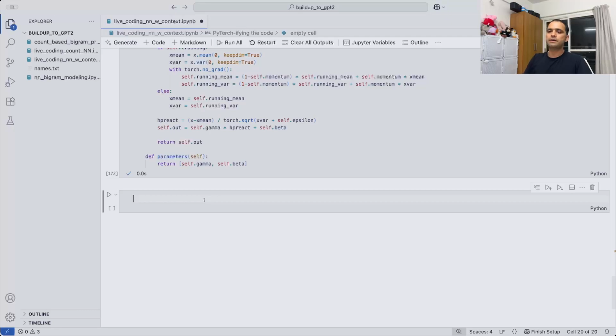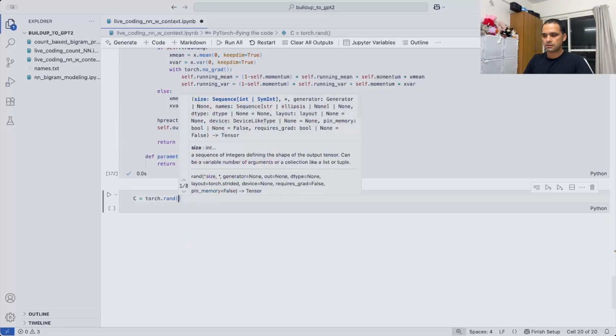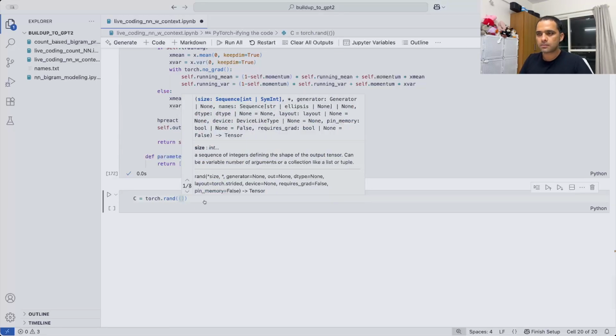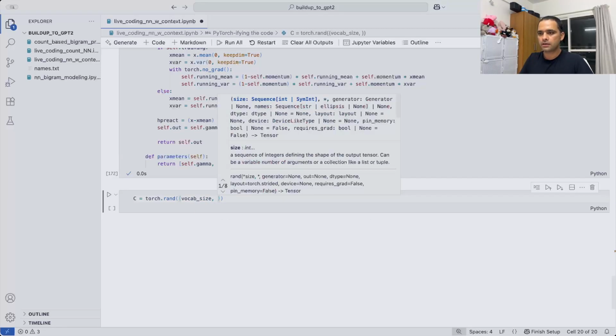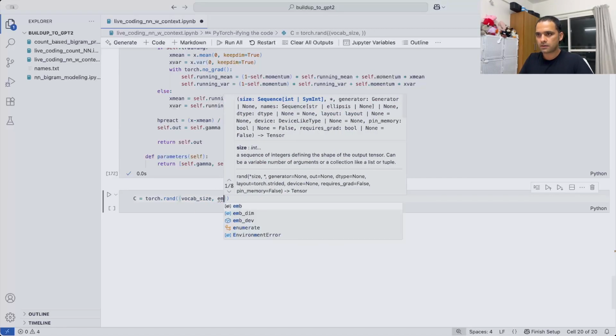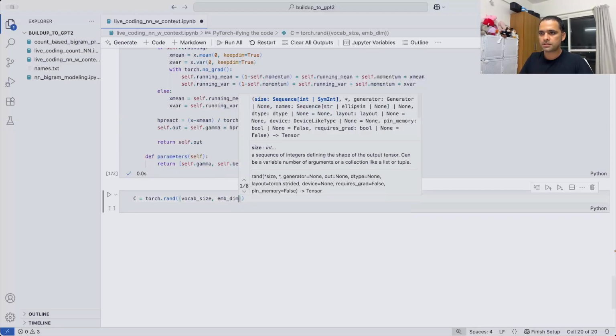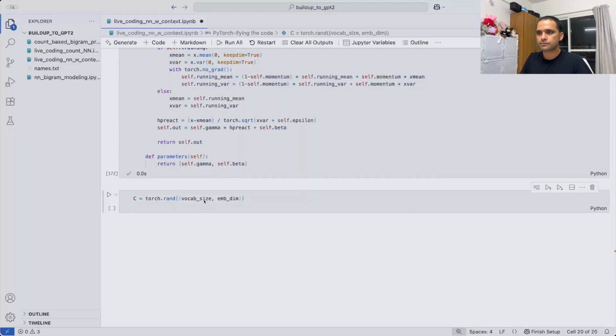Now we can build a network again. The input to this would be vocab size, and the output will be embedding dimensions. Then we can build layers.